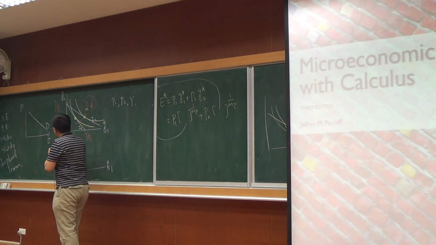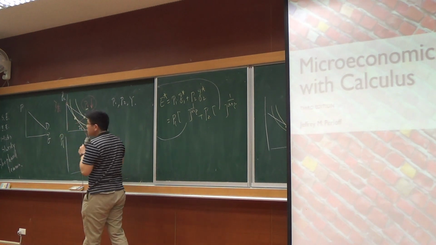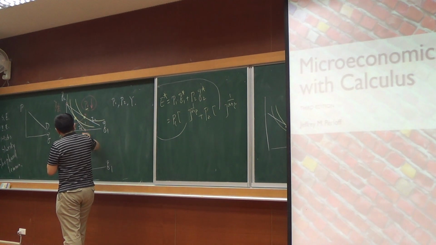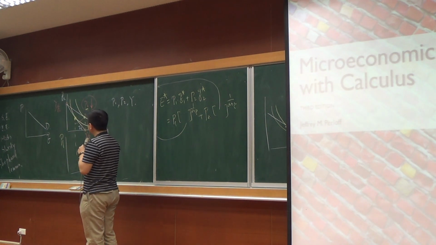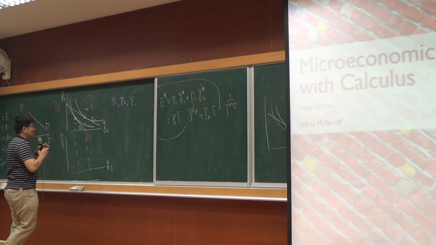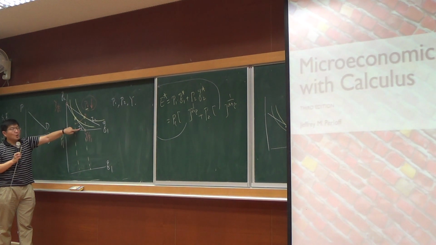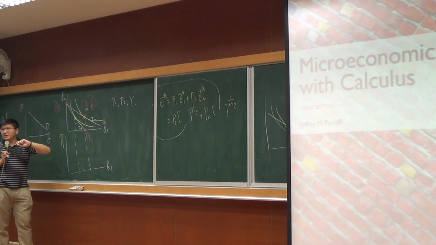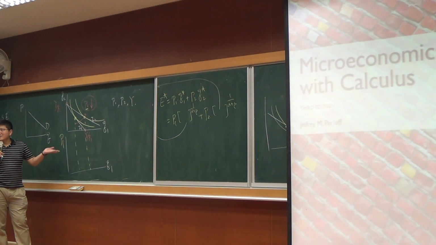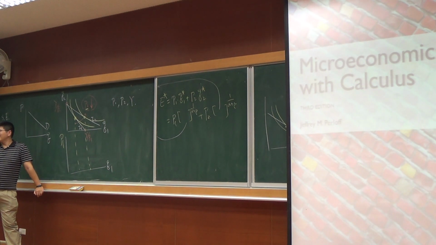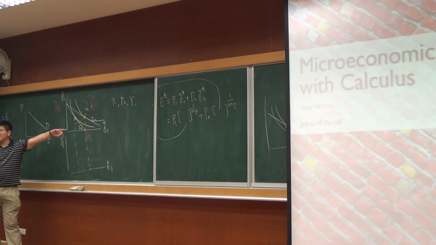So if this is P1 and Q1, which P1 is higher, P1 on I1 or P1 on I2? I1, right?